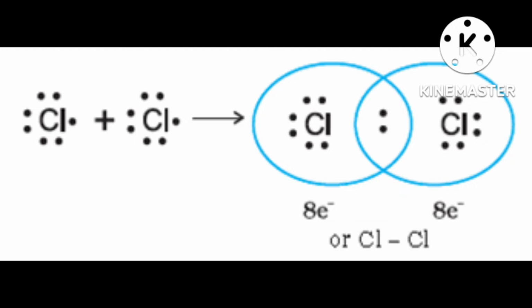What is actually chemical bonding? I am telling you. The attractive force which holds various constituents like atoms, ions, etc. together in different chemical species is called a chemical bond. This is the attractive force.